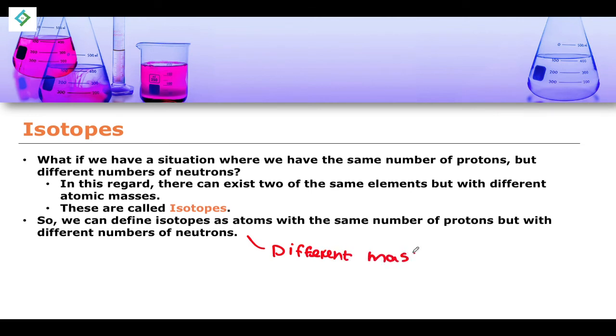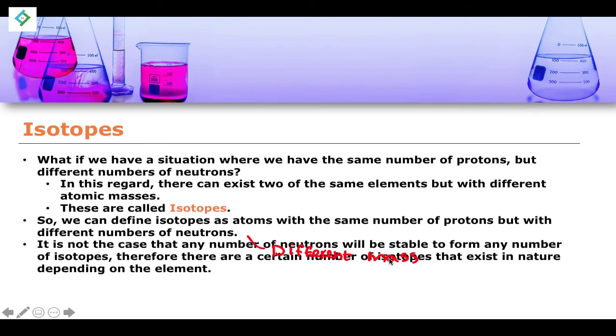So that's quite interesting. It is not the case that any number of neutrons will be stable to form any number of isotopes. It's not like there is an infinite number of isotopes for gold because there's an infinite number of neutrons that can exist within the nucleus of a gold atom. This is not the case.